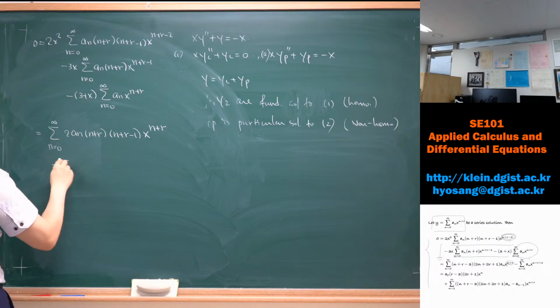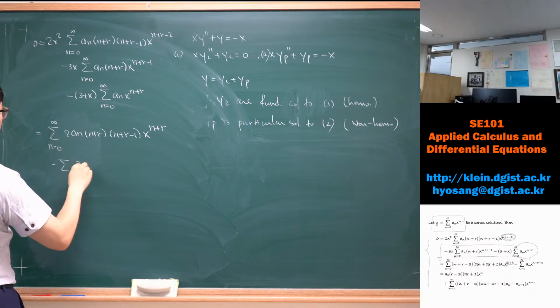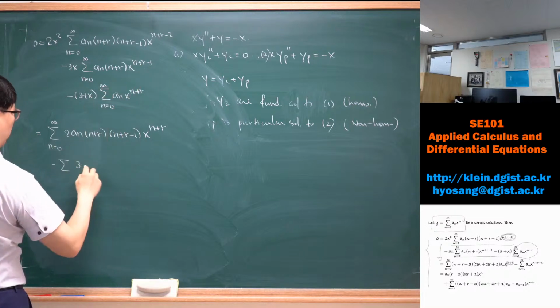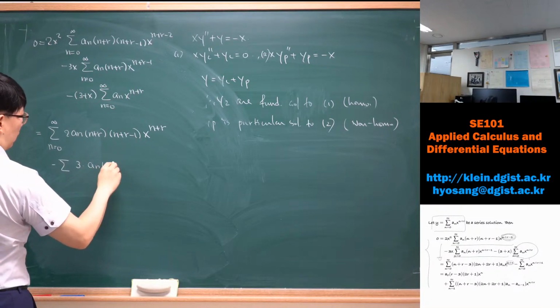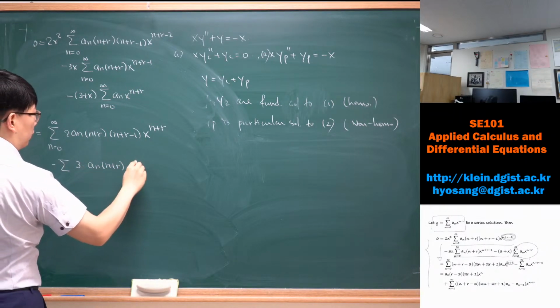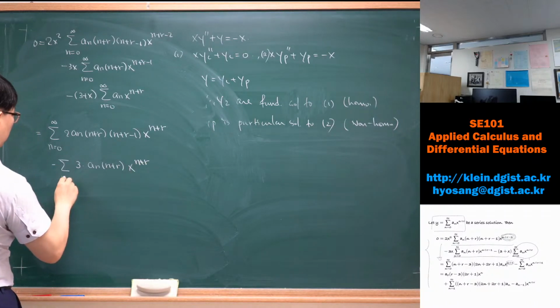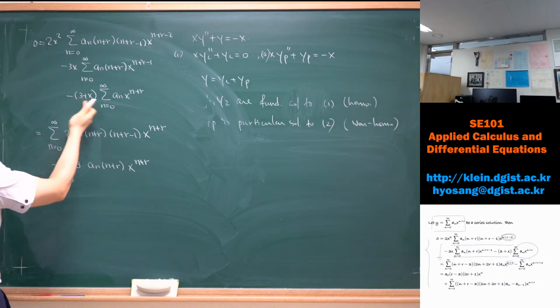How about the second summand? We have minus 3 times a_n (n plus r) x to the n plus r, where n goes from 0 to infinity.